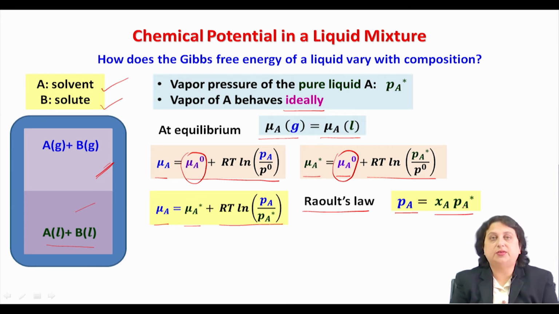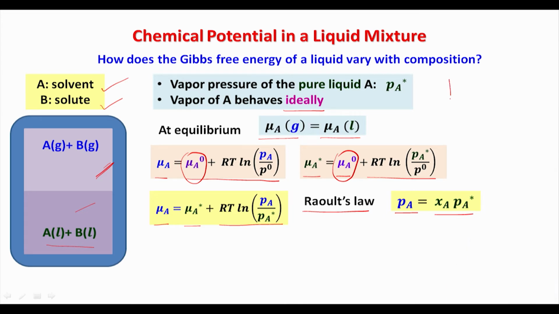Therefore, please try to remember that when I am talking about PA star, I have only the component A in its pure phase, and here I have the pure component A in the vapor phase.